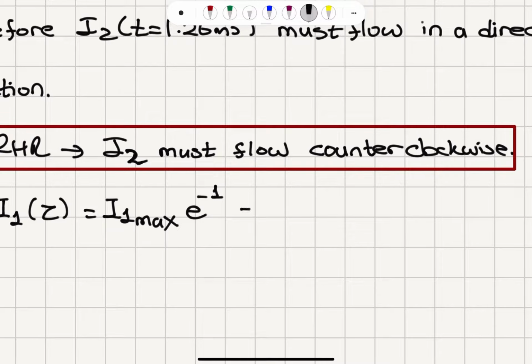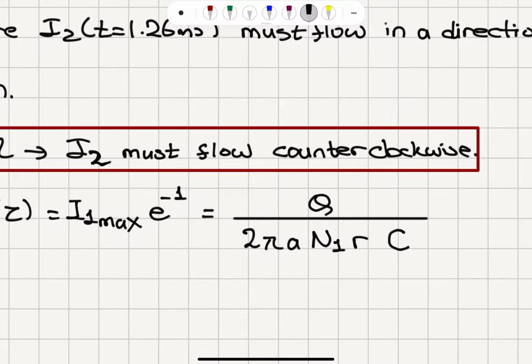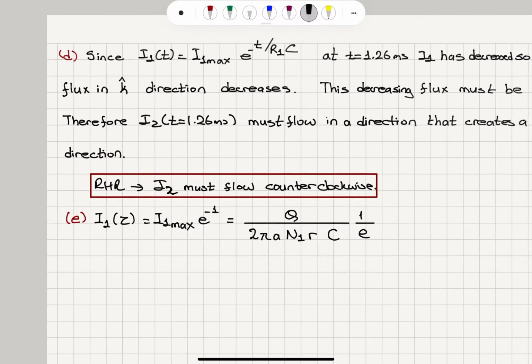The current in the larger coil at t is equal to 0 plus was the charge stored Q divided by the capacitance C, that's the voltage, divided by the resistance 2 pi a, the number of turns times resistance per length. And then I have exponential -1 here, so this is multiplied by 1 over e, Euler's number.